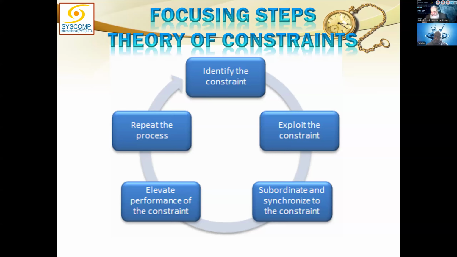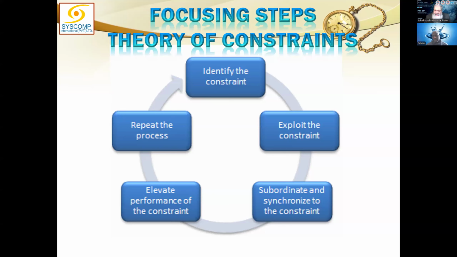But the question is, before I can elevate the performance of this constraint, I must recognize the next constraint. What if there is another machine which is constrained at producing only 20 items an hour?